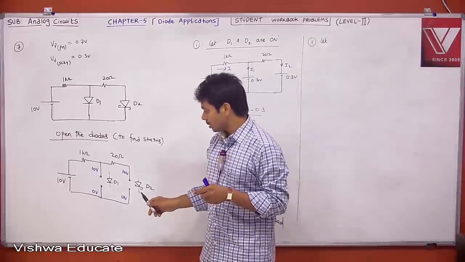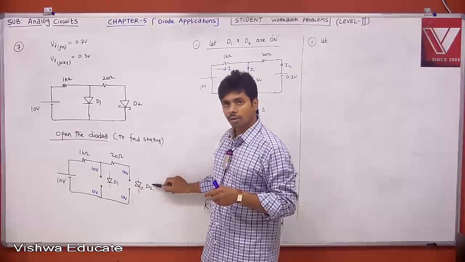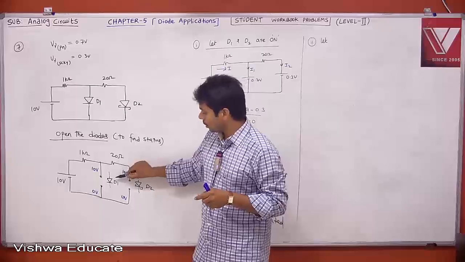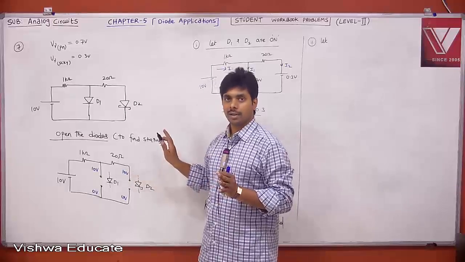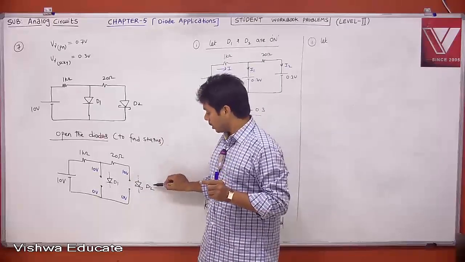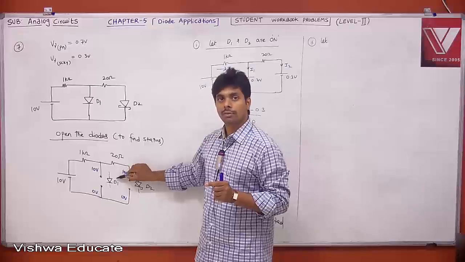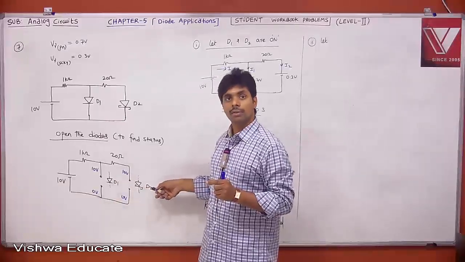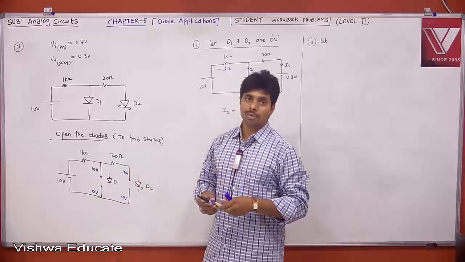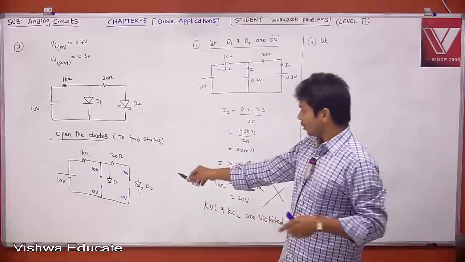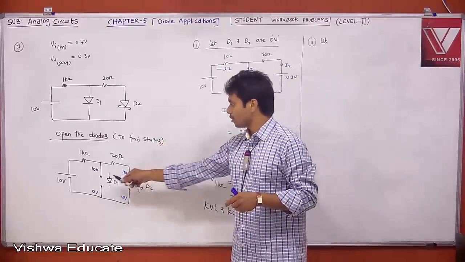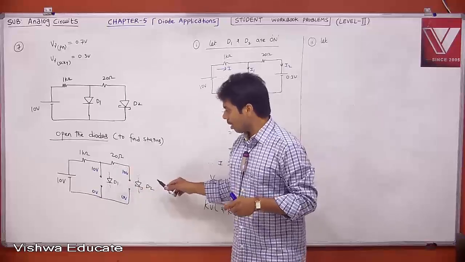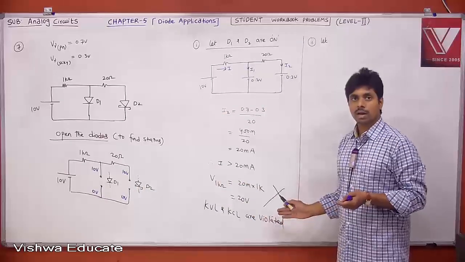Therefore, that is not correct. Then what we need to do is, let us say first D2 on. Then see the status of D1. If this is on, fine, but definitely that will not happen. Let us say when D2 is on, if D1 is off, fine. Let us say D1 is on, if D2 is off, then we need to do the cross combination. Because if you say both are on according to the open terminals, then it is violating your KVL or KCL.